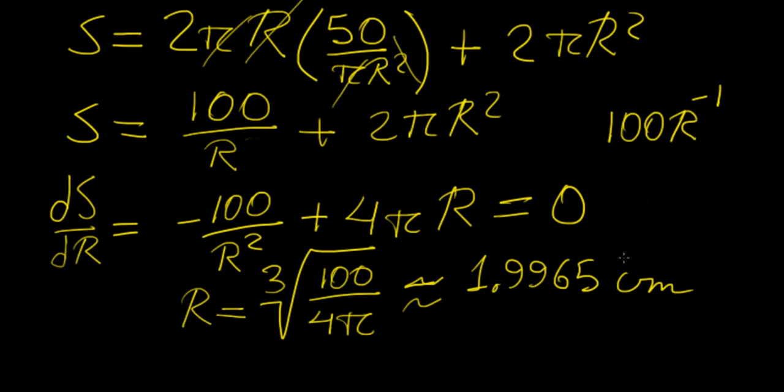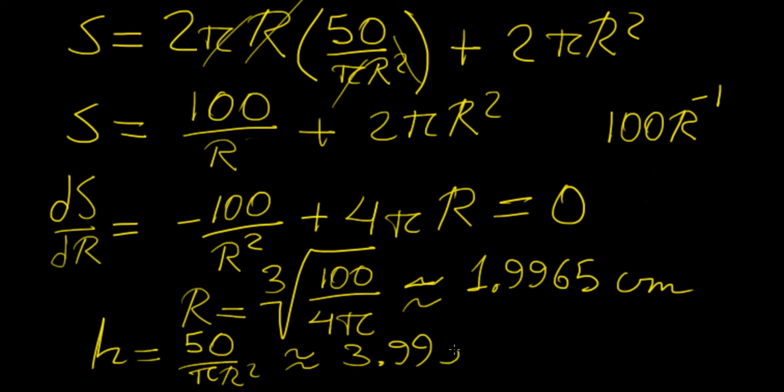And now using this value, we can find the value of the height. So h is going to be 50 over pi r squared, and this is going to be approximately equal to 3.993 centimeters.